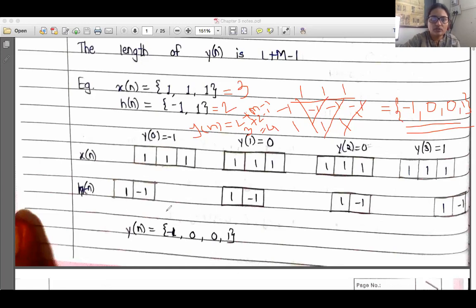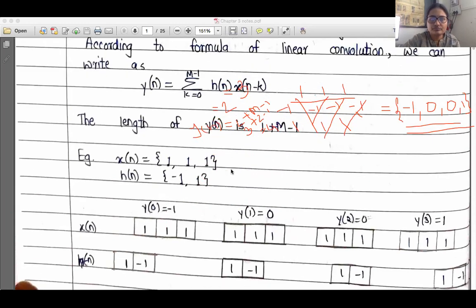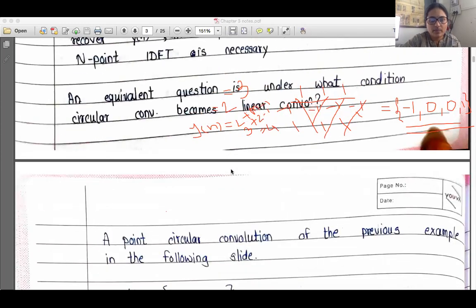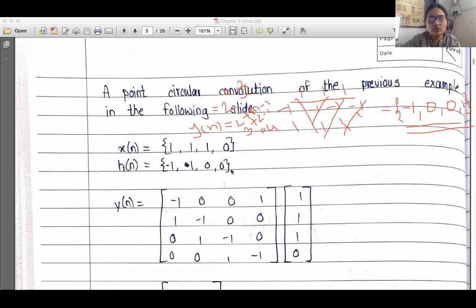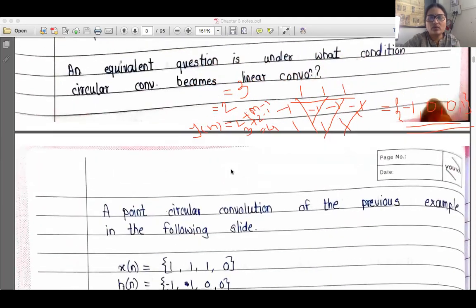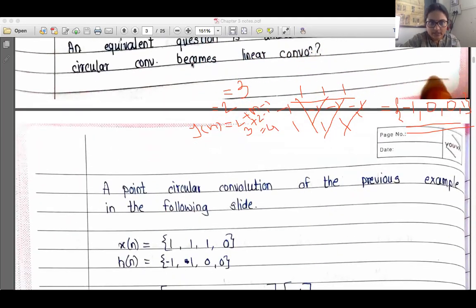But if I am using a linear convolution, see, here it is. If I am using a linear convolution, what will happen? What will be the length of output sequence? Linear convolution मध्ये output sequence ची length किती राहणार आहे? Tell me, output sequence.